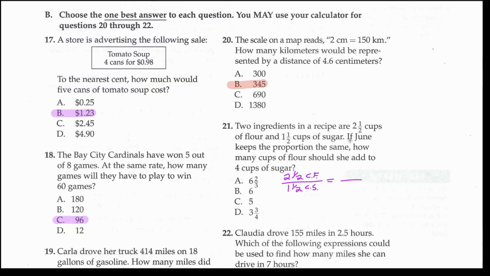Read on. If June keeps the proportion the same, how many cups of flour should she add to 4 cups of sugar? So 4 cups of sugar goes here. So we're looking for X, or cups of flour.